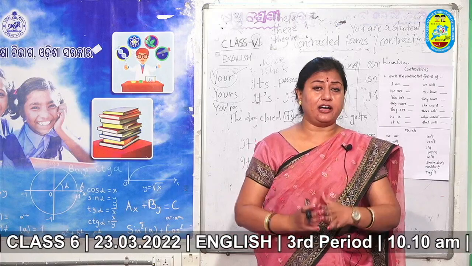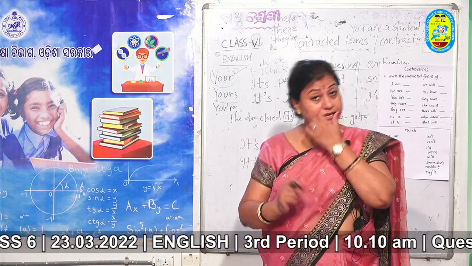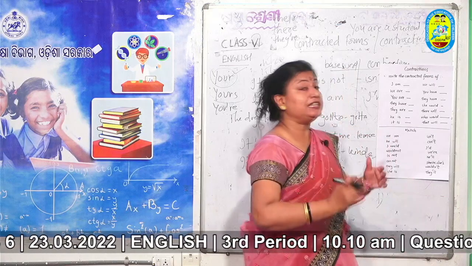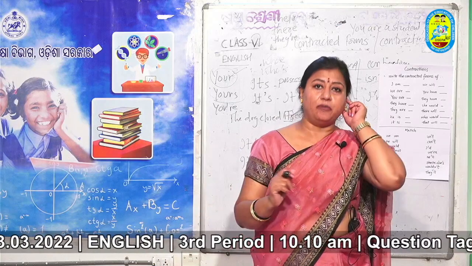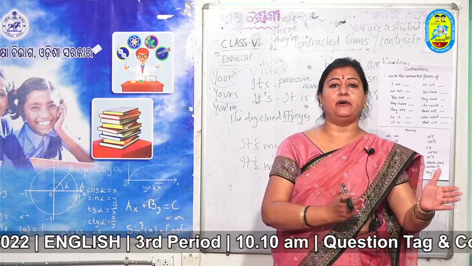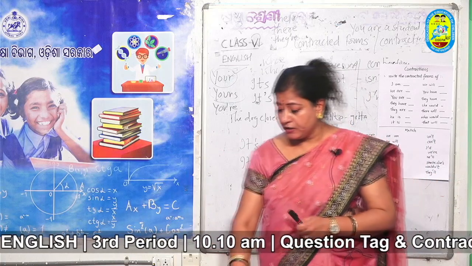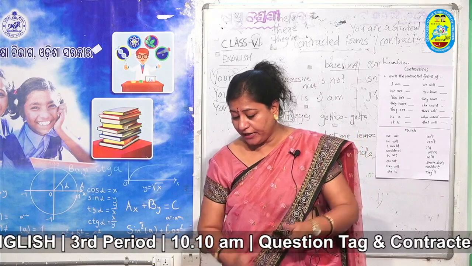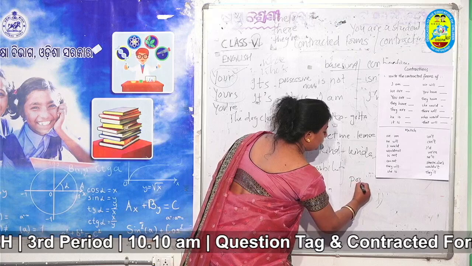It is a beautiful car is positive. Rosie isn't a teacher is negative. So when your statement is positive, the question tag will be negative. When your statement is negative, the question tag will be positive.